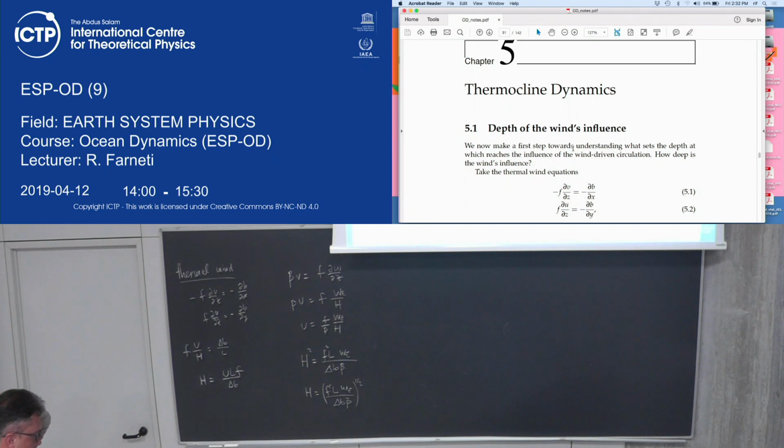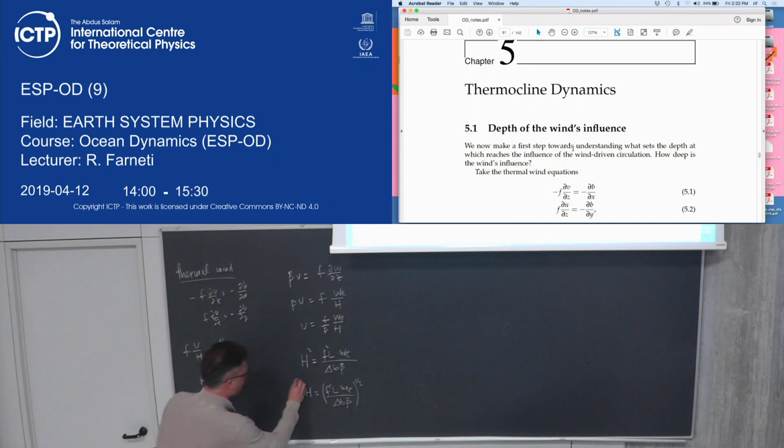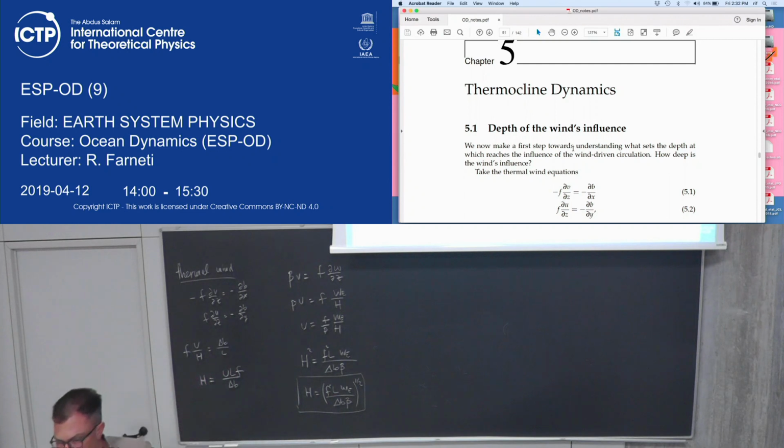Okay, so in this case H would be the depth of the wind's influence, and L is the horizontal scale of the wind-driven gyre.